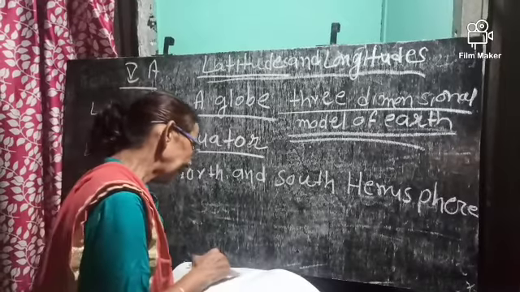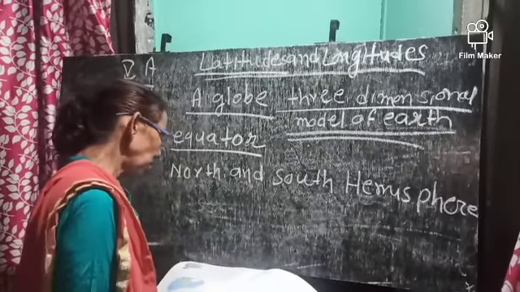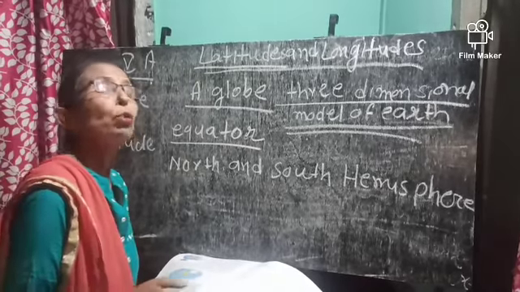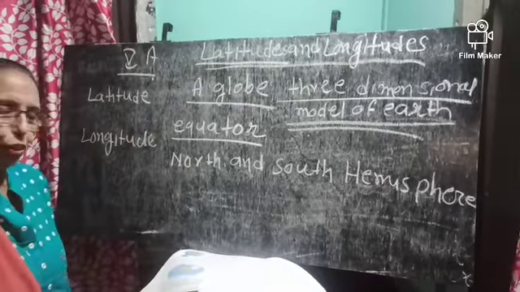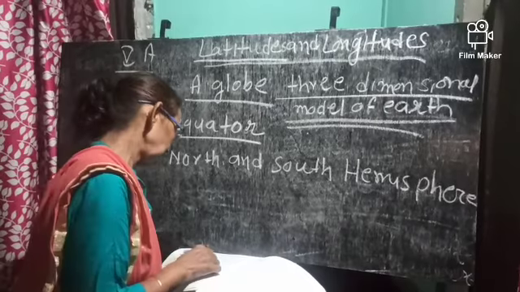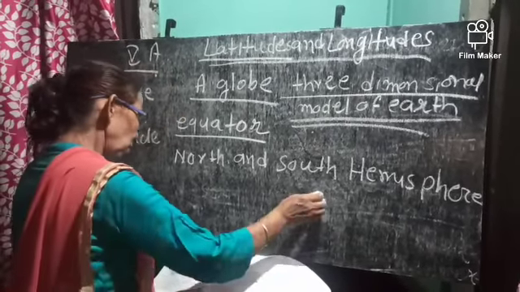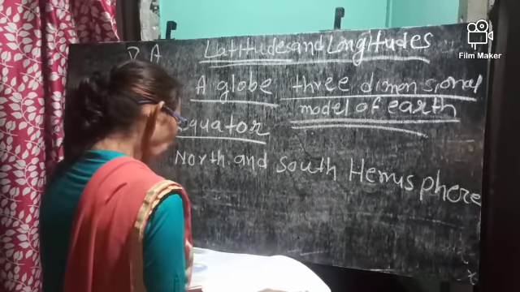The axis is an imaginary line passing through the center of the Earth on which it rotates from west to east. And there are two ends on which the globe rotates.